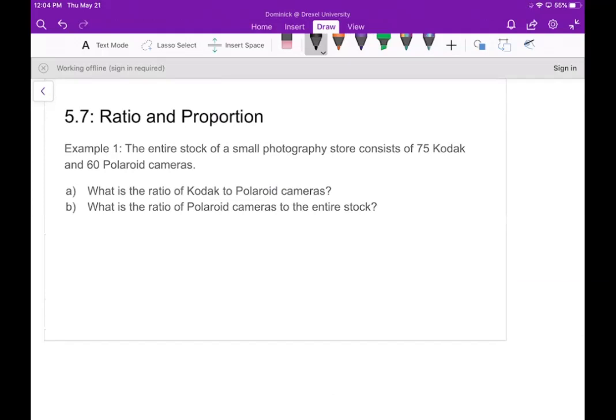In example one, the entire stock of a small photography store consists of 75 Kodak and 60 Polaroid cameras. In part A, we want the ratio of Kodak to Polaroid cameras, and we'll compare them with division. So we have 75 for Kodak and 60 for Polaroid.